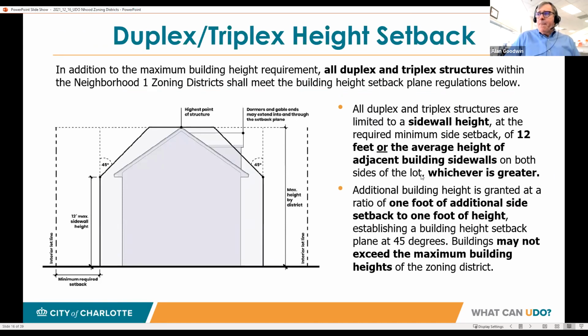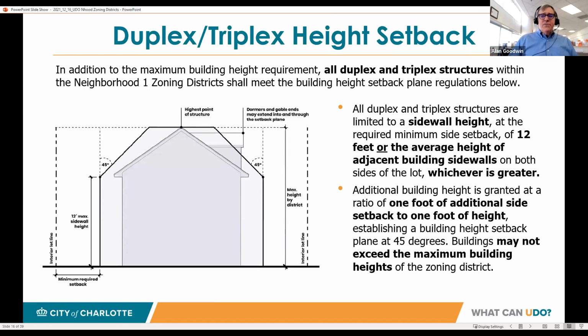And the way it works is that if you build a duplex or a triplex in one of these neighborhood 1 districts, that sidewall can be either 12 feet or the average sidewall height of the dwellings on either side of that new dwelling, whichever is greater. So this doesn't necessarily limit your sidewall height to 12 feet. It could be greater if the houses on either side are greater.